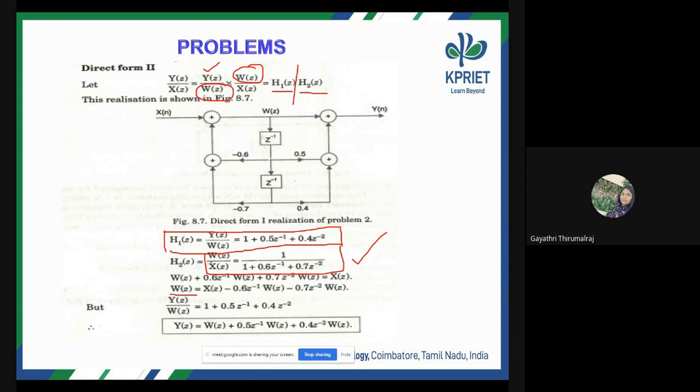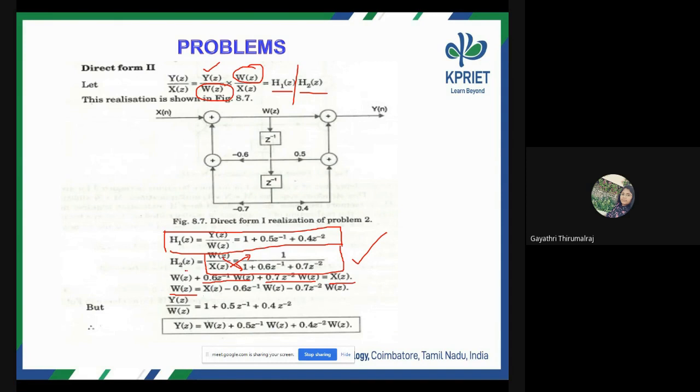The first term is 1, so 1 into w of z is w of z, and w of z into 0.6 z power minus 1, you multiply and write, and you multiply w of z with 0.7 z power minus 2. So you obtain these three terms and you cross multiply this and write it on the other side of the equation. So you will be getting x of z on the other side. Just cross multiply and write.